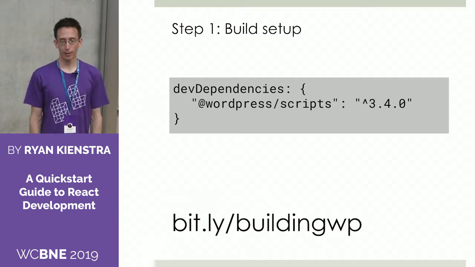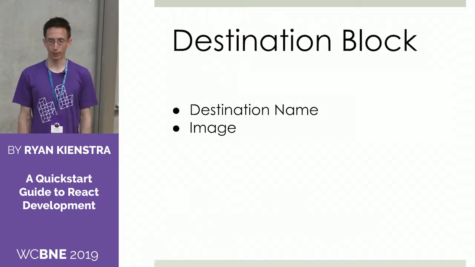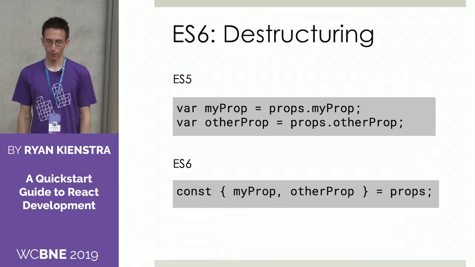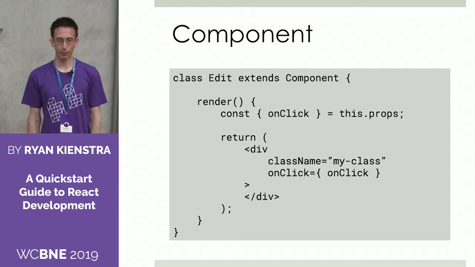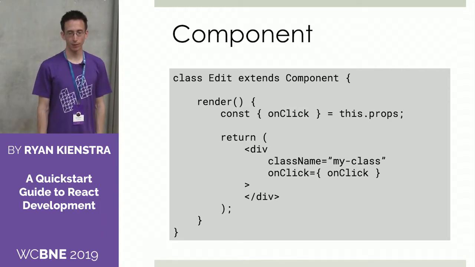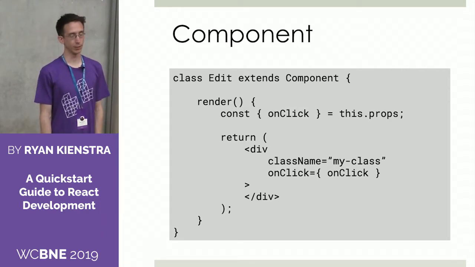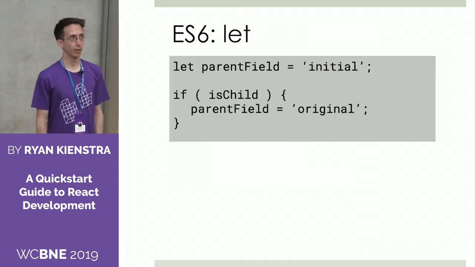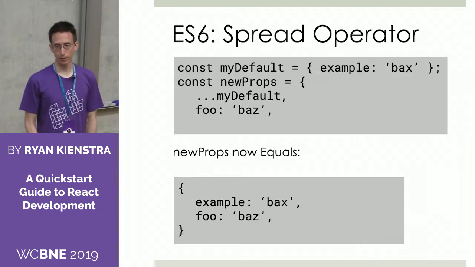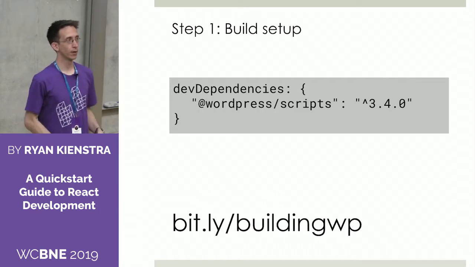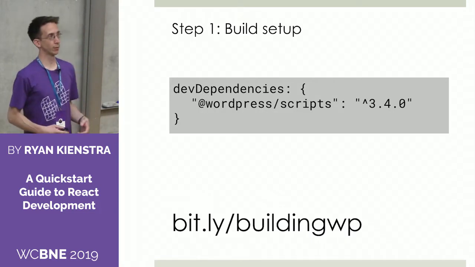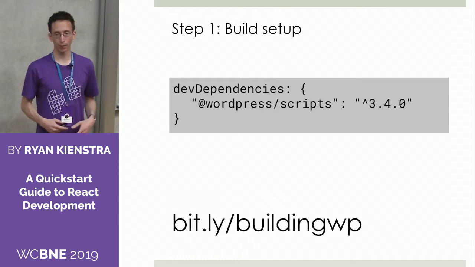So if you take some of the examples that we were looking at, for example, this syntax, if you copied that return statement, that would not run in a browser. It's actually a wrapper for functions, creating the elements. So what we need to do is have some way to build that. WordPress, like I mentioned, has a really good setup for that, and I'd recommend using that.